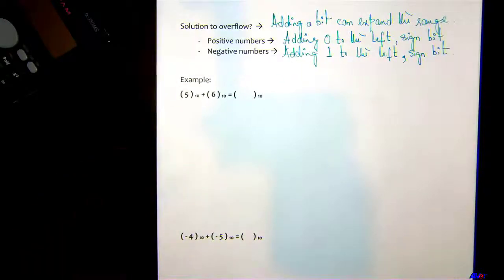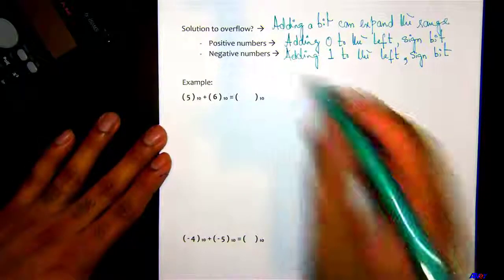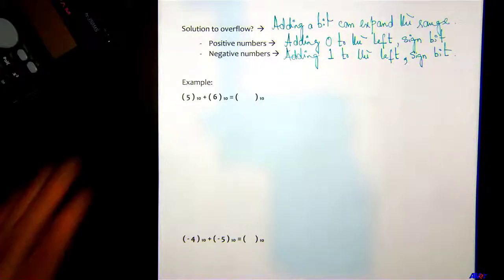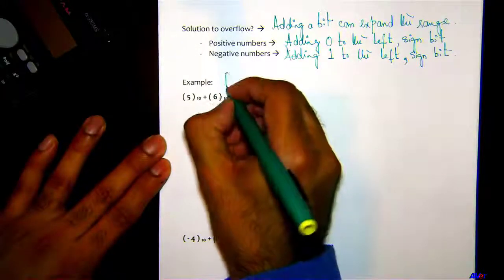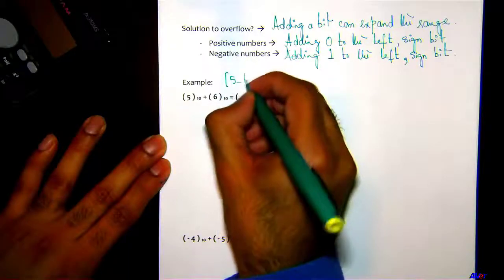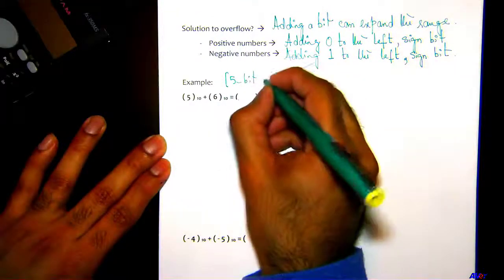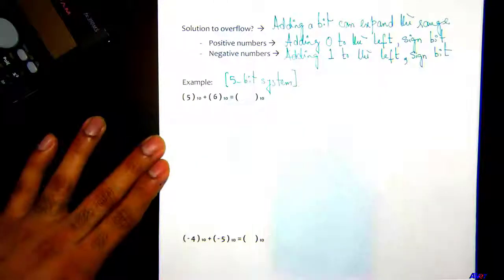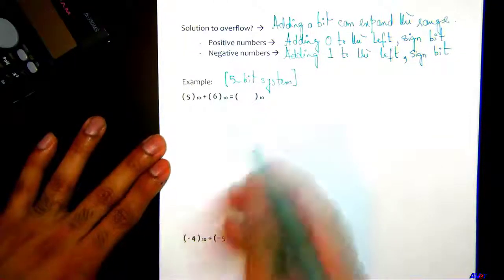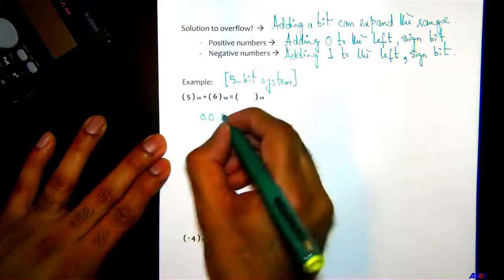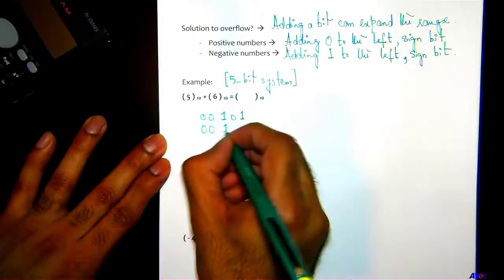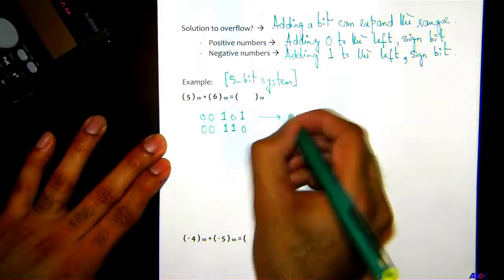Okay, all right. So now we are adding a bit, so it's a 5-bit system, correct? Now this is a 5-bit system. So the 5-bit code for 5 is 00101, and 00110 is for 6.